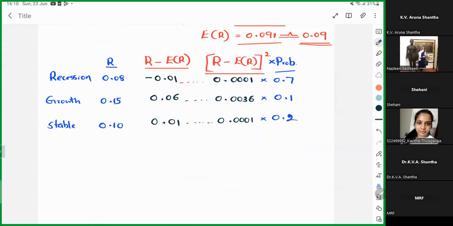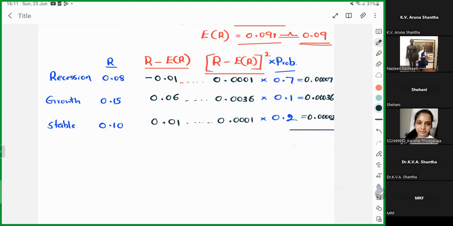So 0.001 multiplied by 0.7. How much? Then 0.0036 multiplied by 0.1. Next one?